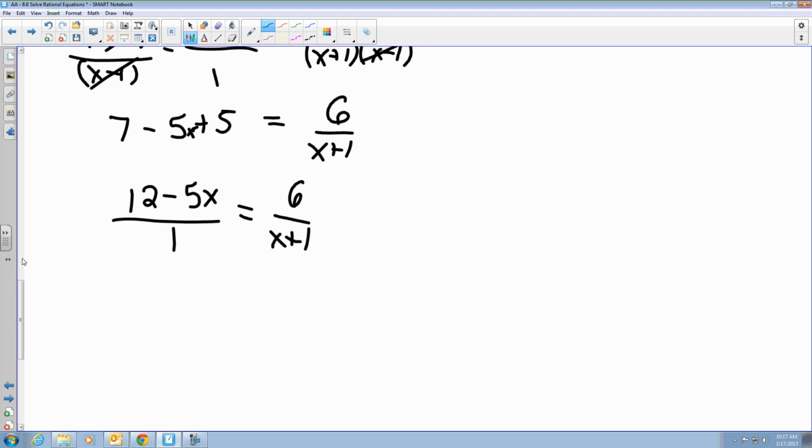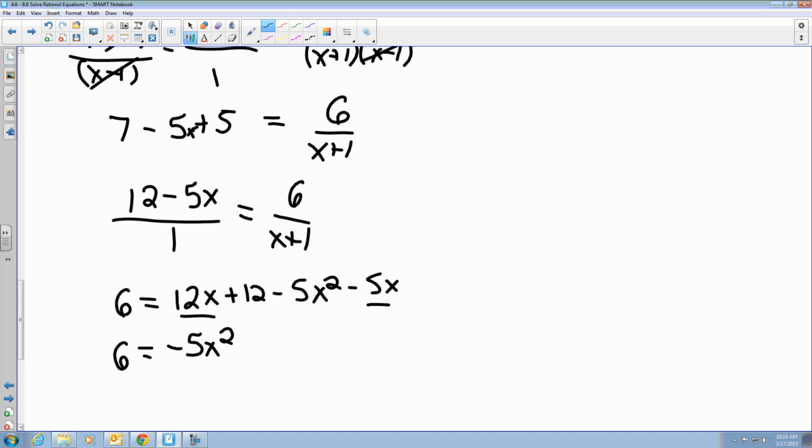I can just cross multiply, so I got 6 equals 12x plus 12 minus 5x squared minus 5x. I have like terms here and here, so I'm going to get 6 equals, I'll put negative 5x squared here first, plus 7x plus 12.